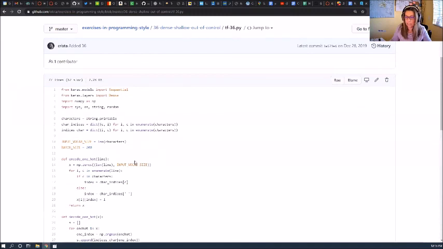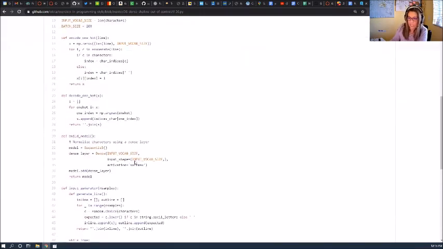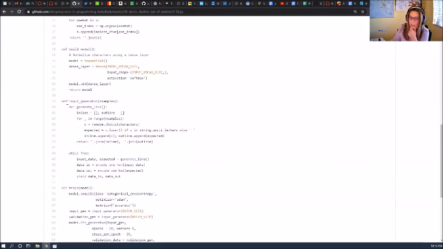Okay, and now you'll see in this program suddenly there's a whole thing about input generation. So this is a function that generates input examples. It generates random characters, and then it generates the corresponding mappings. So if it generates a capital letter, for example, then the output should be that letter in lowercase.